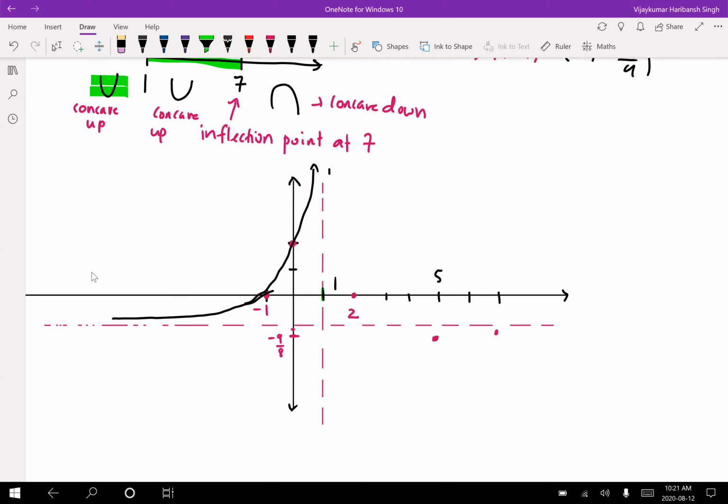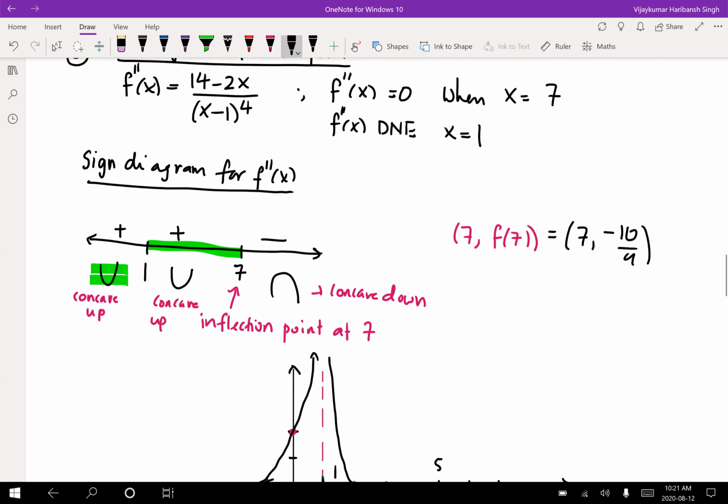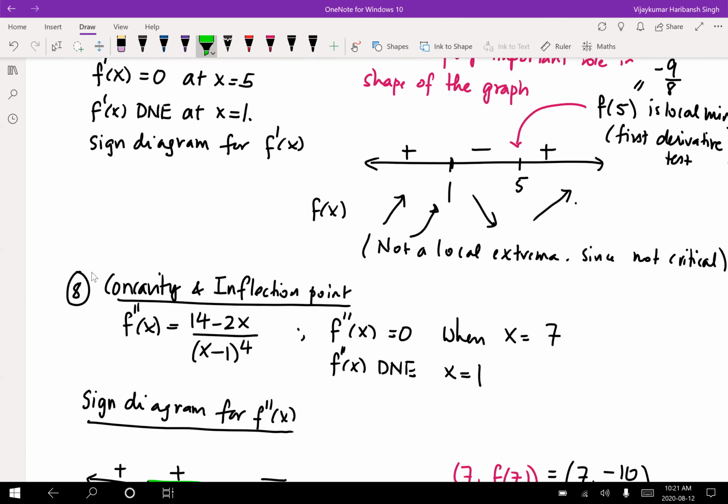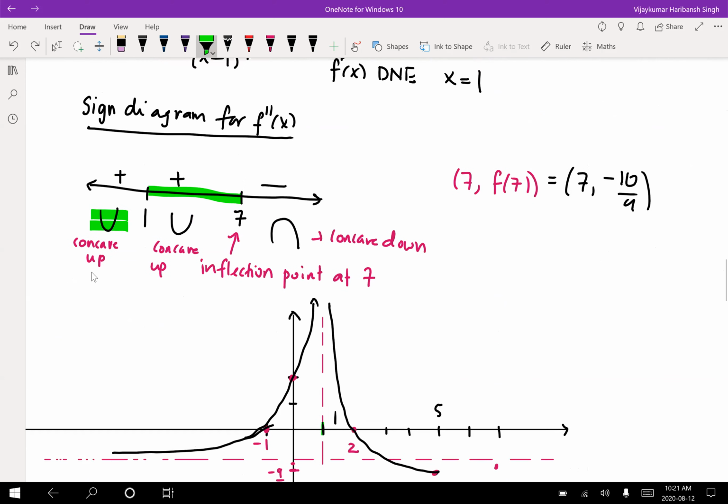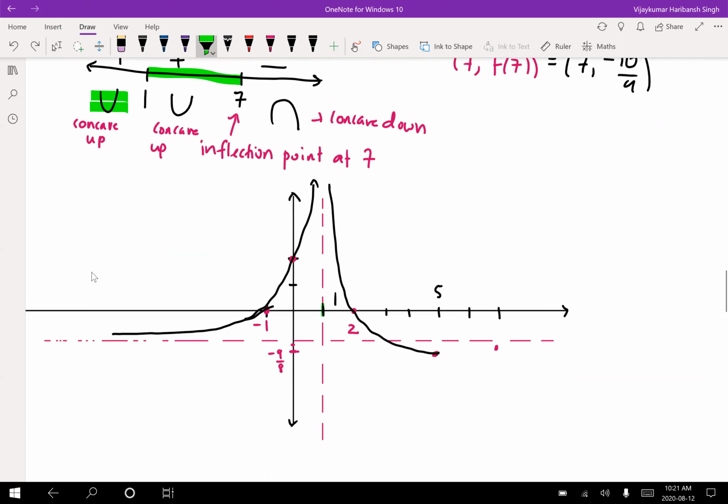It has reached a local minimum. 5 is a local minimum. After 5, it starts increasing, as you can see here. Increasing in what way? Until 7, it's concave up, so it increases up to 7 in a concave up way.